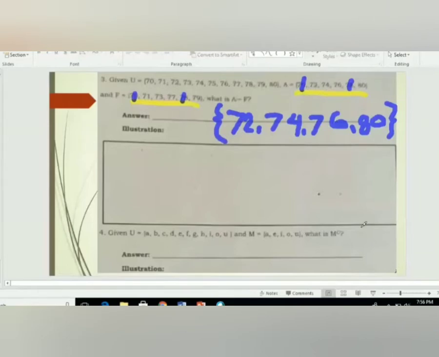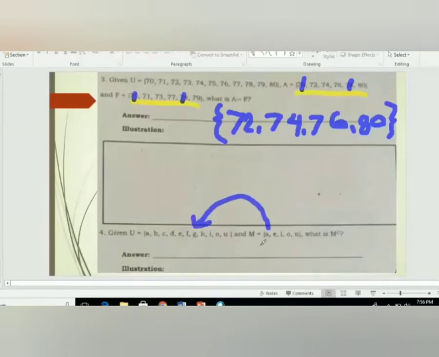Okay, next, number 4. Our fourth problem is about complement. Okay, so what is the complement of set M? So meaning what will complete M to equal the universal set U?